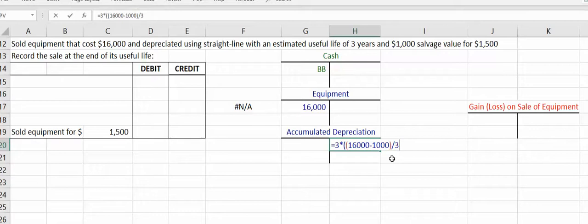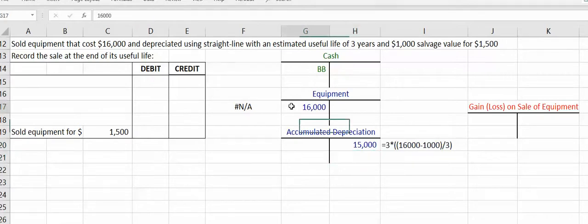So cost 16,000 minus your salvage value divided by 3 is straight line depreciation per year, and then multiplied by 3. So the book value, or net book value, is 1,000.